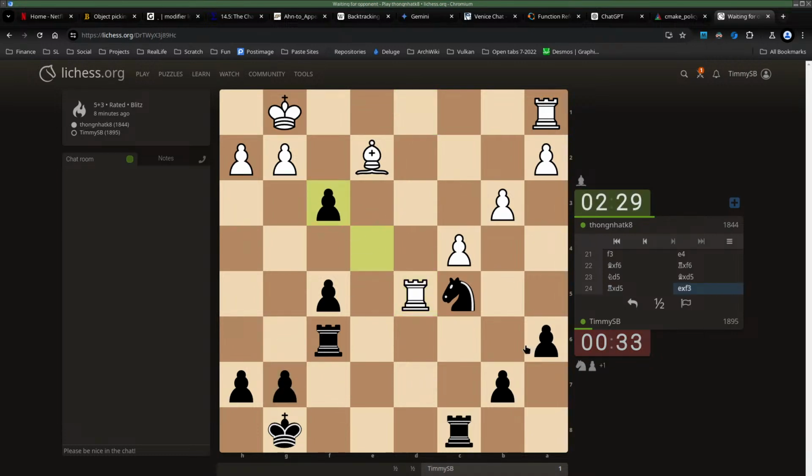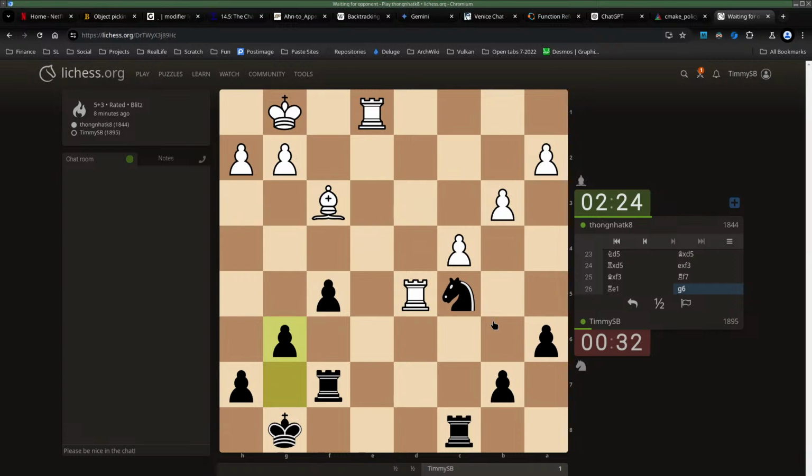Let's not make weak pawns. With this little time, I just have to start to move very quickly. Nasty.